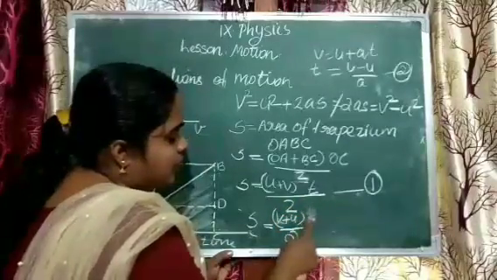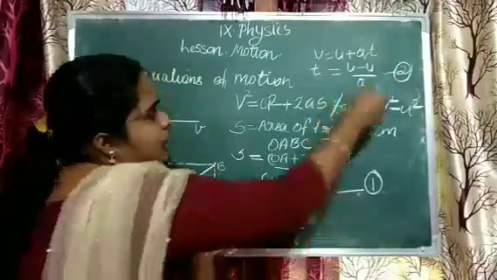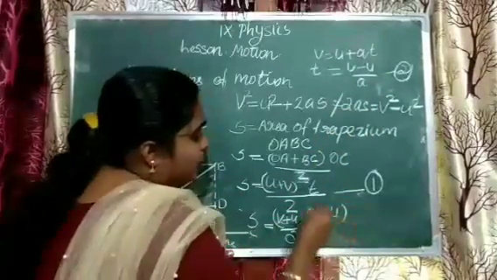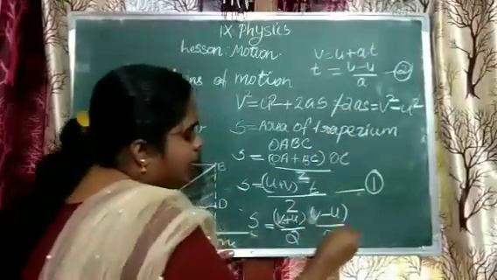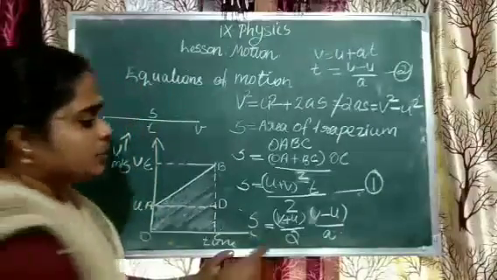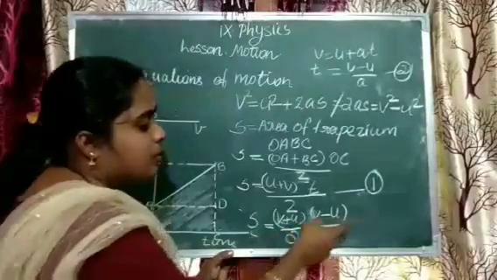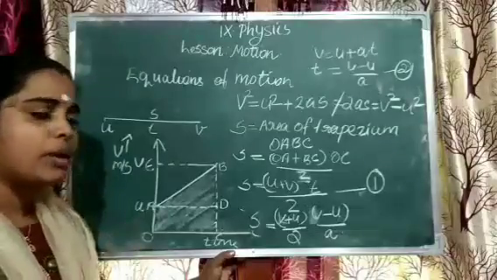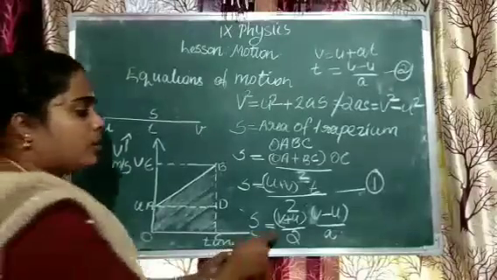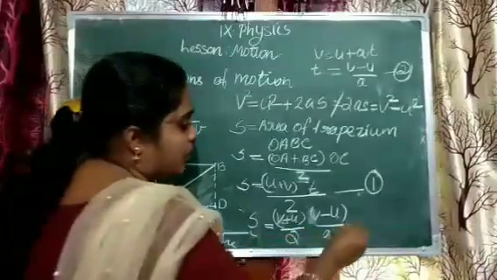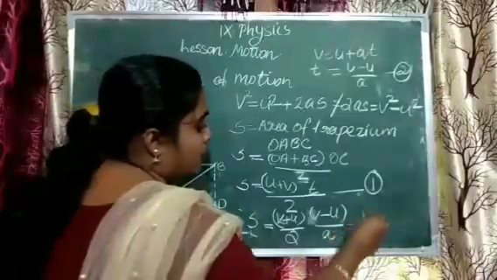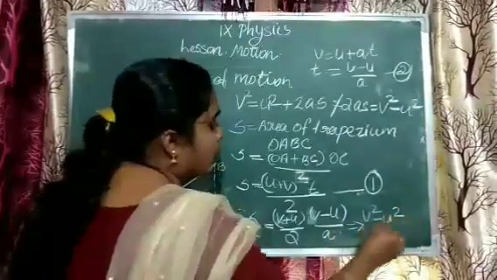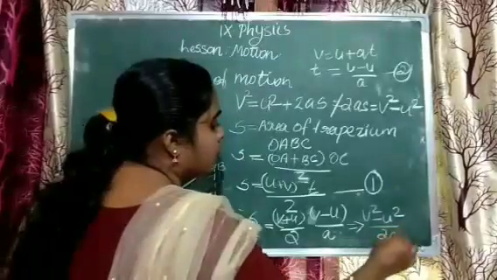Instead of time, I am going to write V minus U the whole divided by A. So what is V plus U into V minus U? In maths you learned A plus B into A minus B is A square minus B square. So here also we can apply that, which implies V square minus U square the whole divided by 2A.